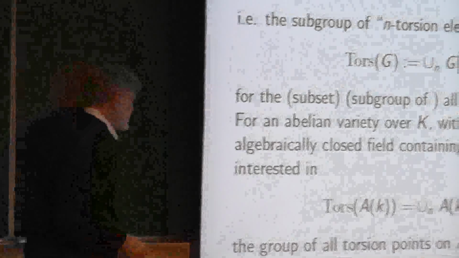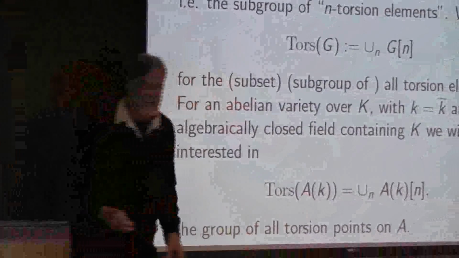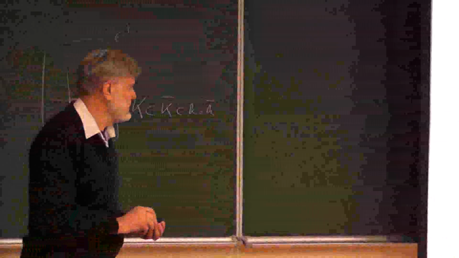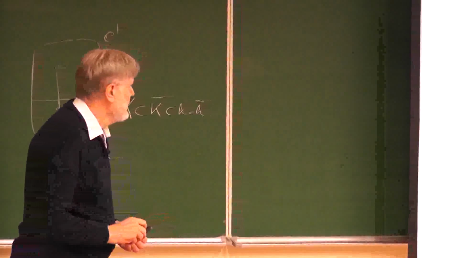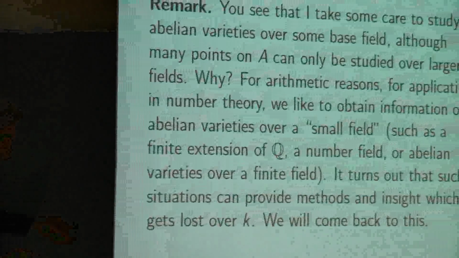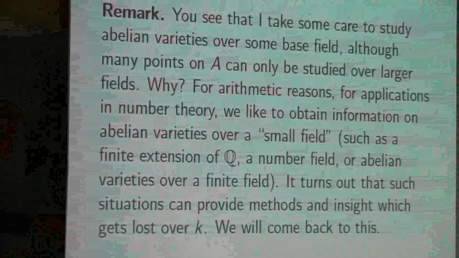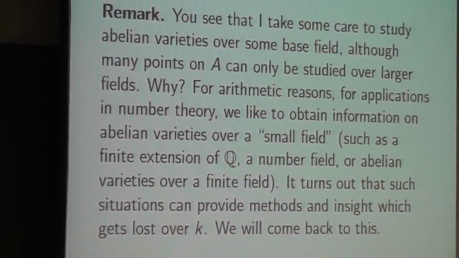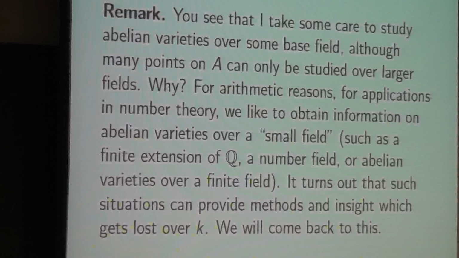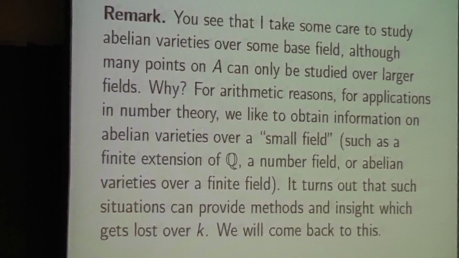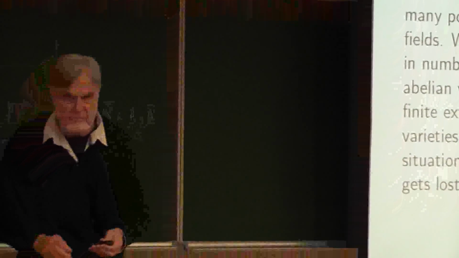And the torsion points, so what I do, I take all K-valued points of A, and that's a group. That group has finite order elements, and the union of those is the torsion. Okay, so you see, I really want to work over a field which is not necessarily algebraically closed, because that's always the bridge between the various geometries. So for arithmetic reasons and for application in number theory, you really have to view all kinds of fields.